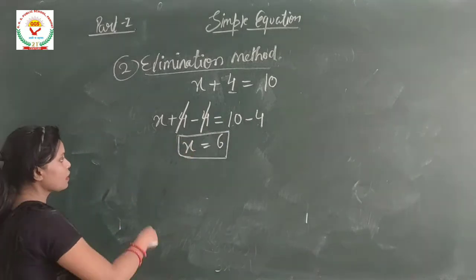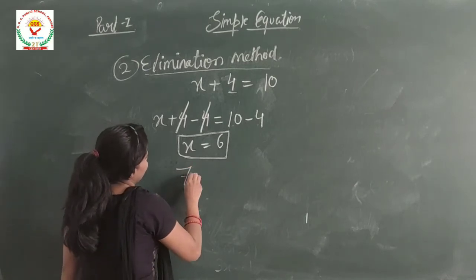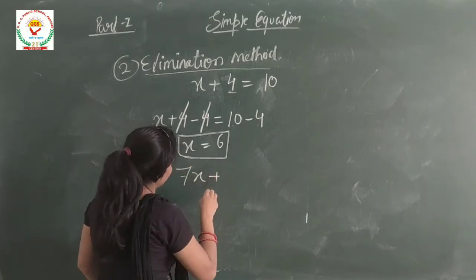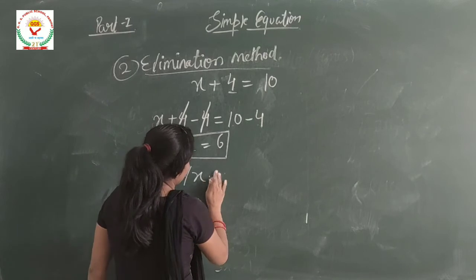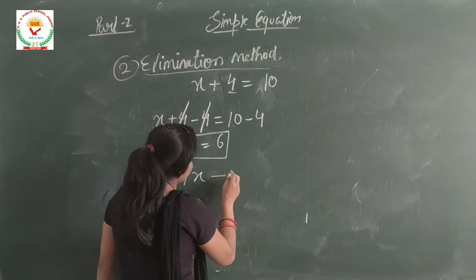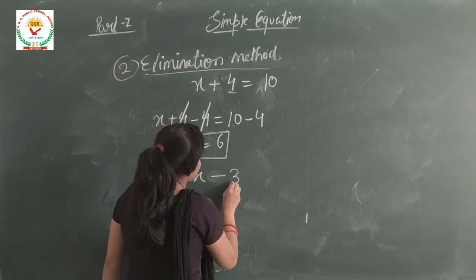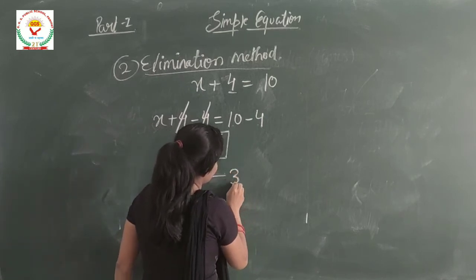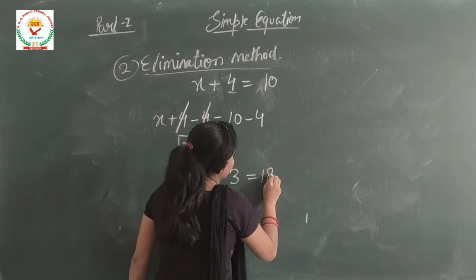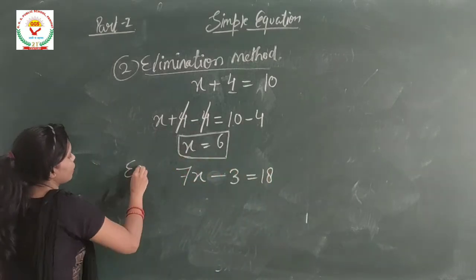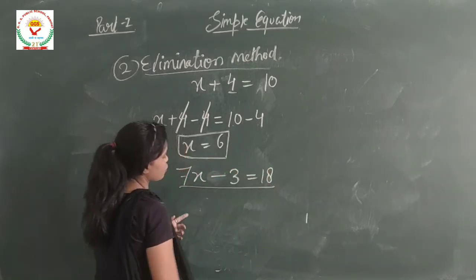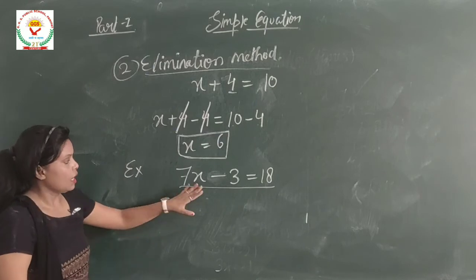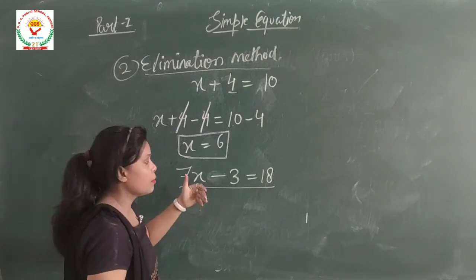Let's take another example. Let's have 7x minus 3 is equal to 18. So how will we eliminate now?